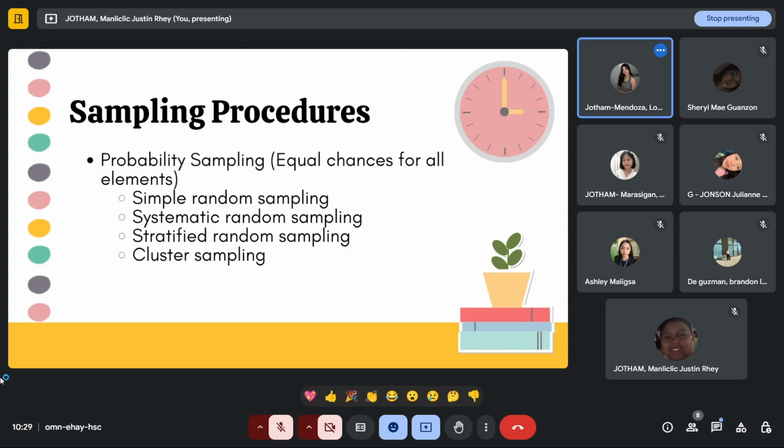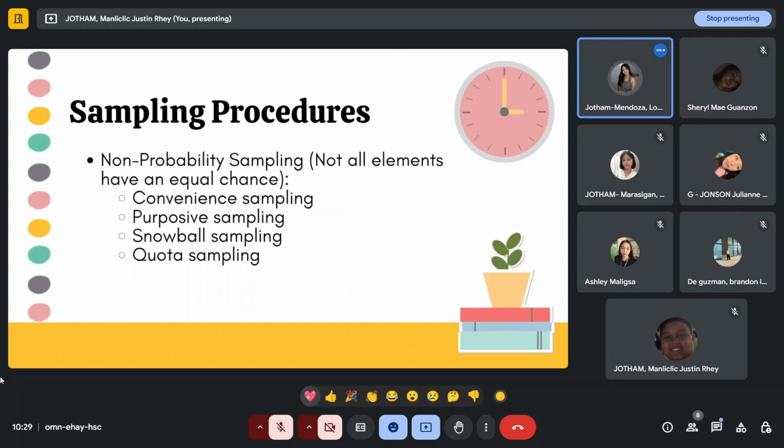And non-probability sampling, where some elements have a higher chance of selection: convenience sampling, purposive sampling, and lastly, quota sampling. So now, which do you think is more reliable? Probability sampling po, ma'am. Correct! Probability sampling ensures fairness and accuracy in research.